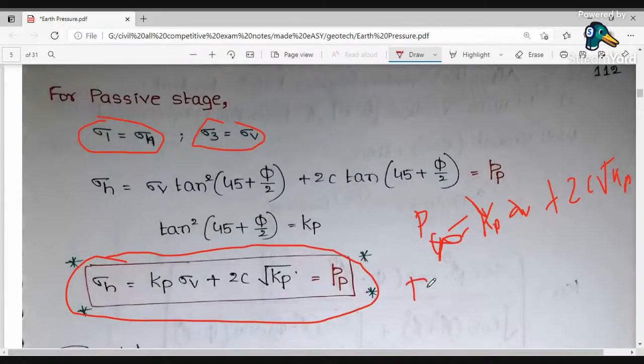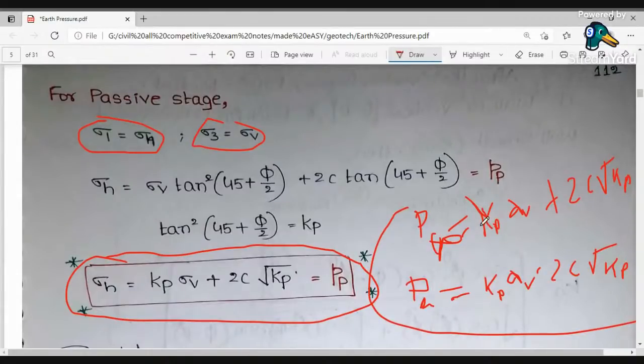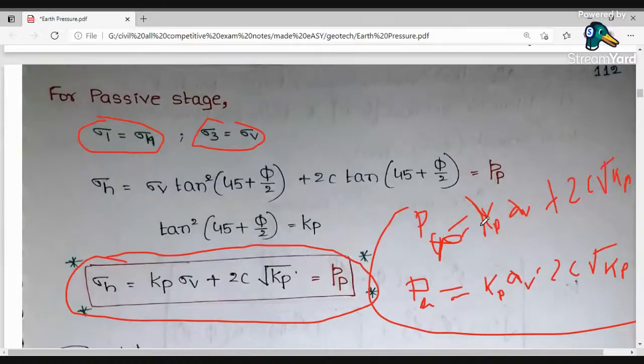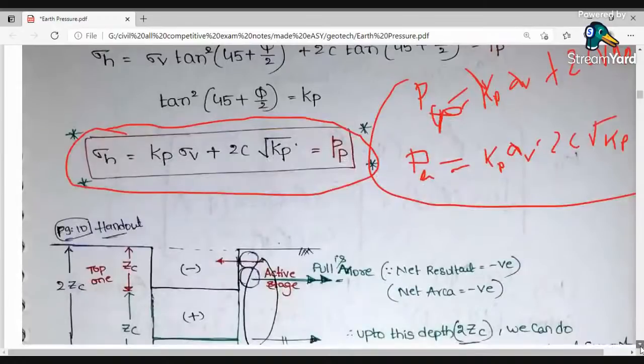And in case of active earth pressure, we can write as Ka into sigma v minus 2c root Ka, right? So we have to remember these two expressions for cohesive soil. Then we'll go for the next part of the derivations.